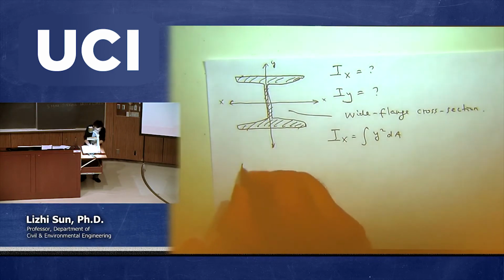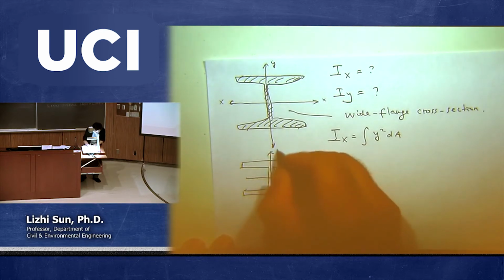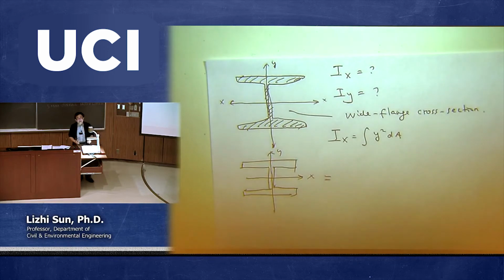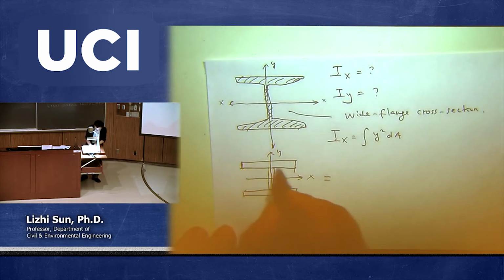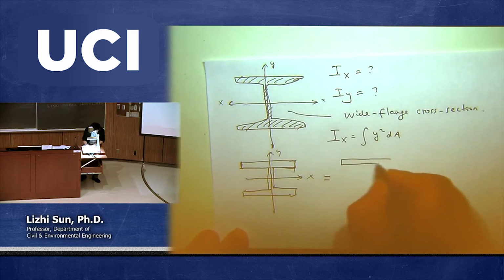So now what I'm going to do, instead of having this one like this, having this is x, this is the y, I'm going to split this one into 3 parts. Because obviously the top flange is a rectangular cross-section. So this is x, this is y.